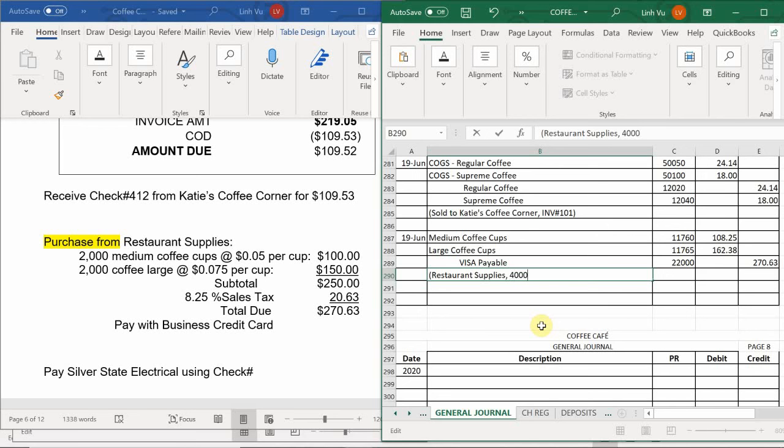Oh, 4,000, that's right. Unless you were going to say 2,000 medium and 2,000 large. In this case, I'm going to generalize it, saying I just bought 4,000 cups, which is good enough. You don't need to put Visa because your account already says Visa payable. That's just extra information.